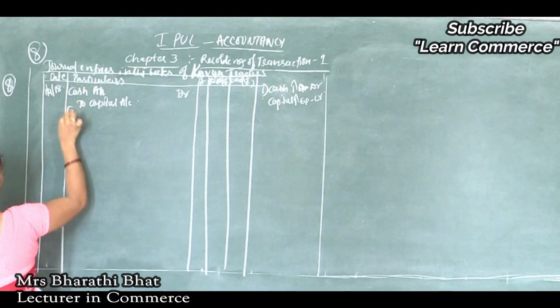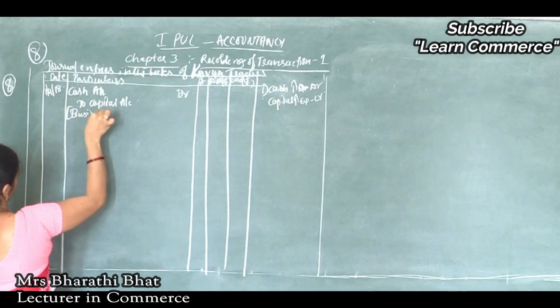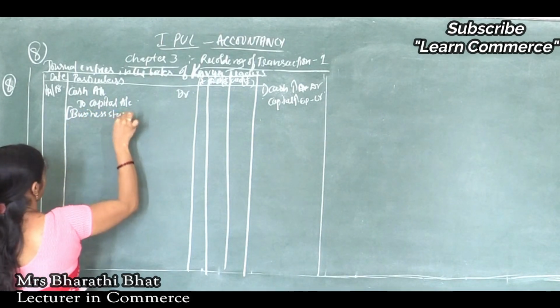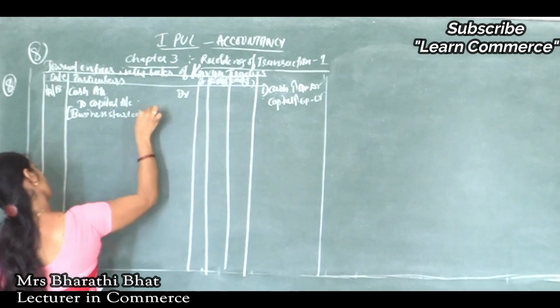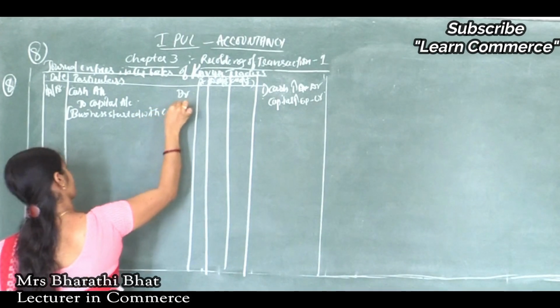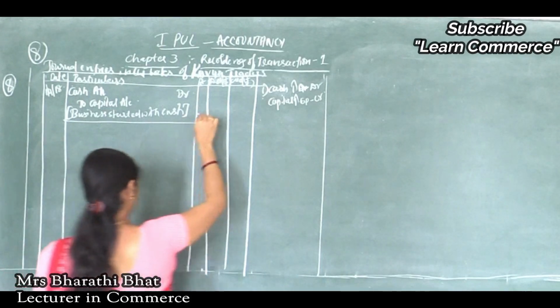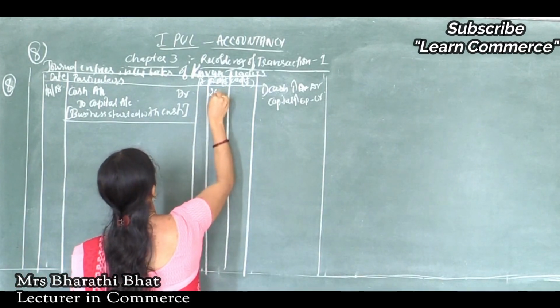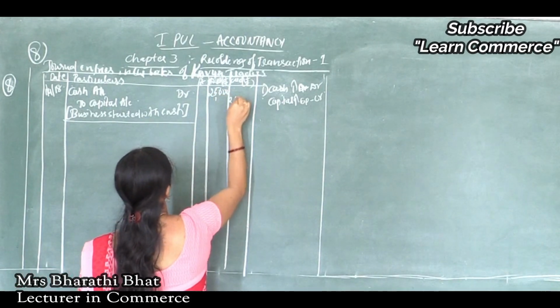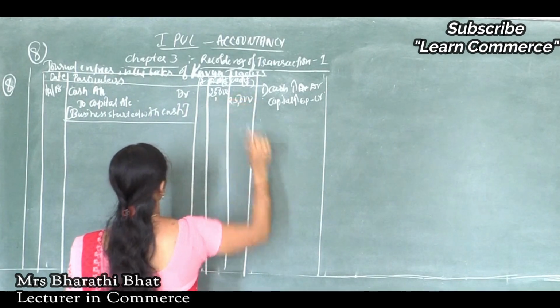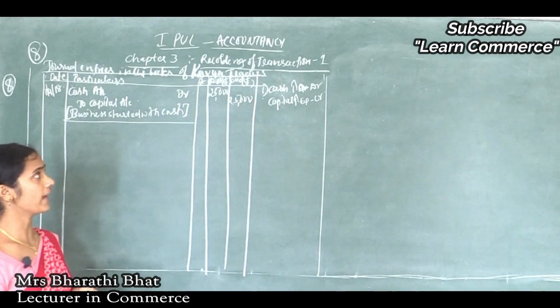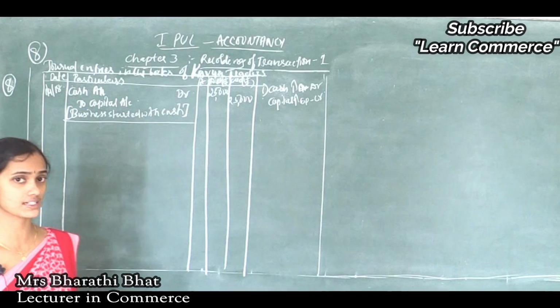In bracket, narration: business started with cash. Close the entry, write the amount 25,000 each. 25,000 debited, same value 25,000 is credited.